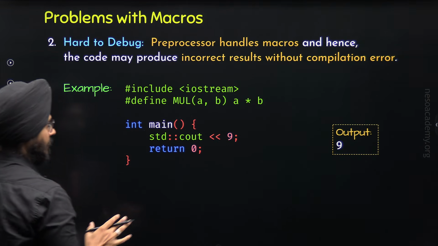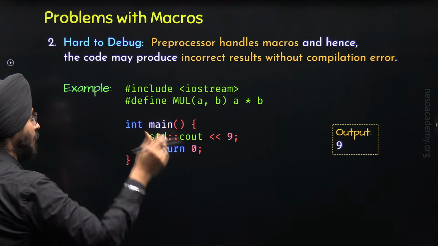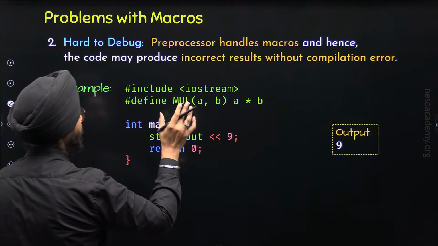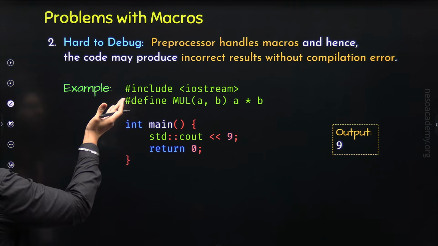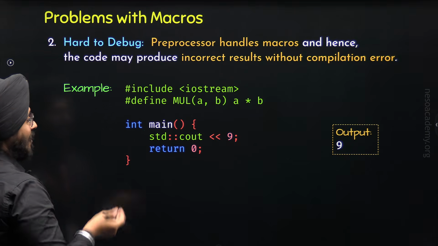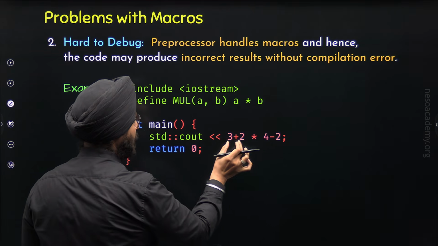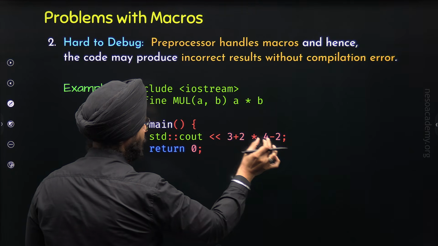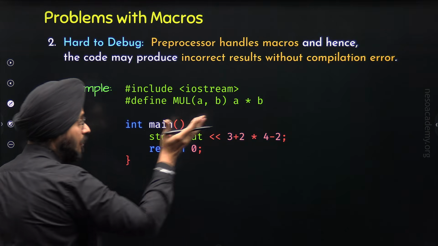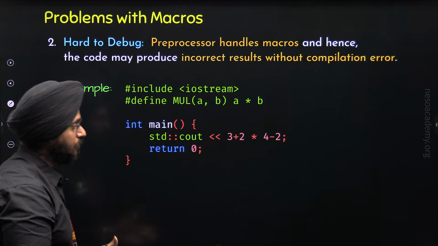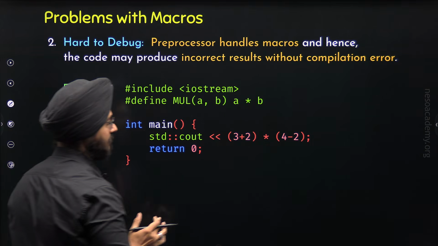The reason is clear. Preprocessor does not evaluate an expression, it just replaces the function-like macro with its actual definition. This is the job of the preprocessor. We know we have this expression. We want to evaluate these two expressions first. This means we want to perform the addition and subtraction first before multiplication. For this purpose, we need to put these expressions within parentheses.